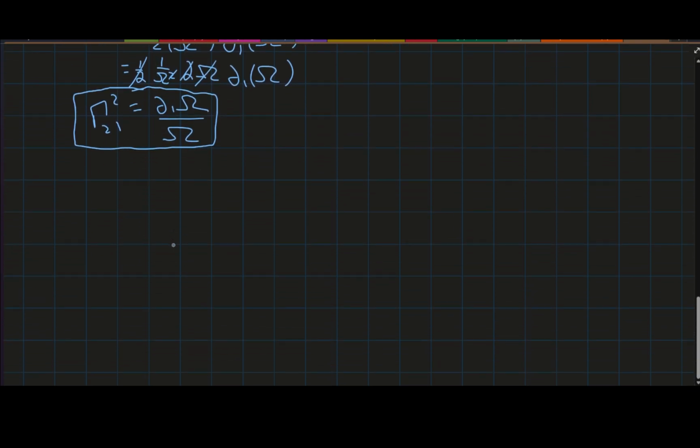Okay, carrying on, I can calculate this one next. With 1, 1, and 1. So this is 1/2 inverse G11 times del G11 by del X1 plus del G11 by del X1 minus del G11 by del X1.